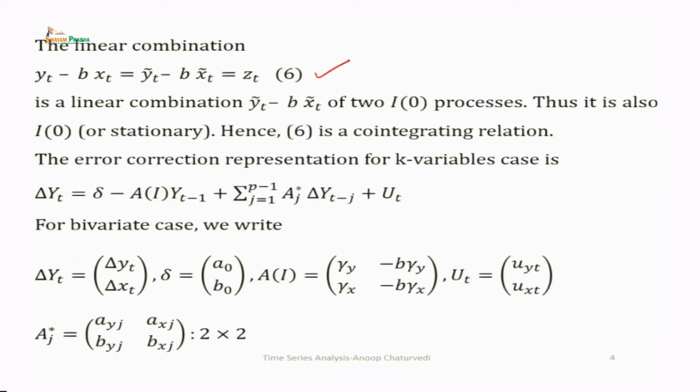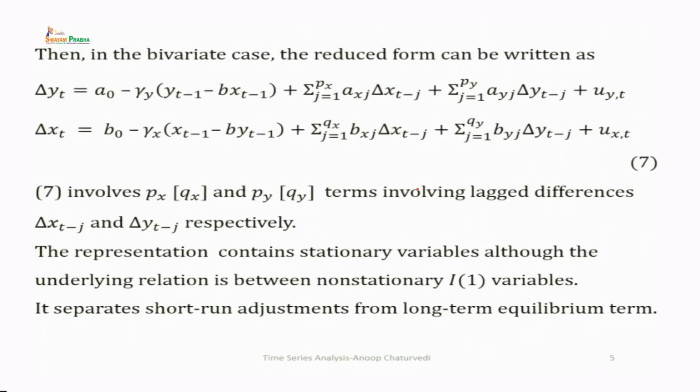We are using all these notations, and if we use these notations for this k variable error correction representation, then we get this representation. This delta y t involves p x lagged values of delta x t and p y lagged values of delta y t.